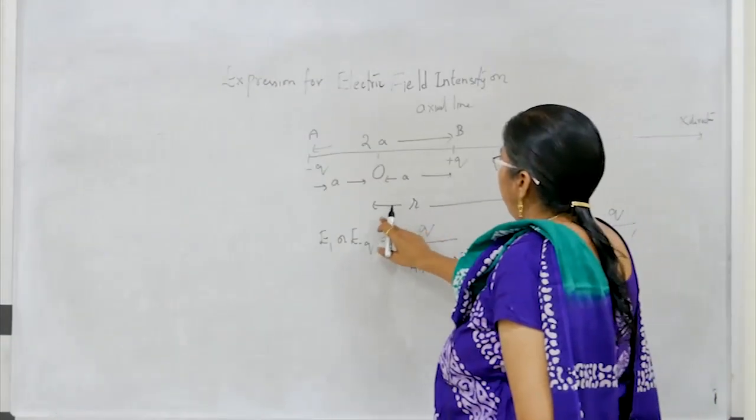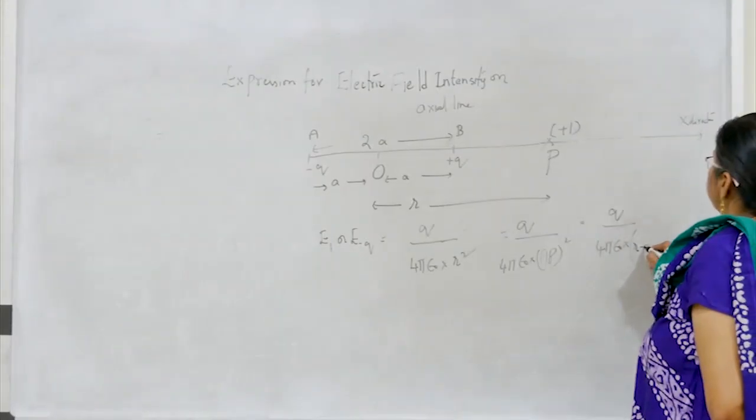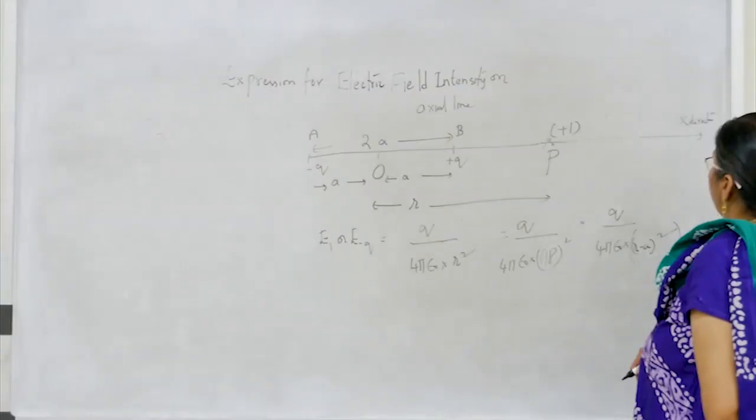So this is r and this is a. So it becomes r minus a whole square. So r minus a whole square. So this is r and this is a.